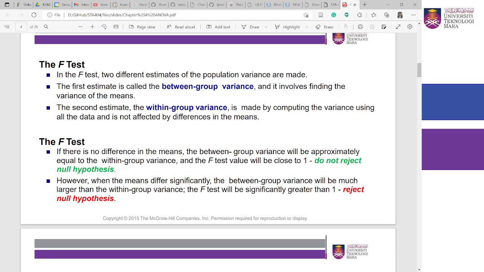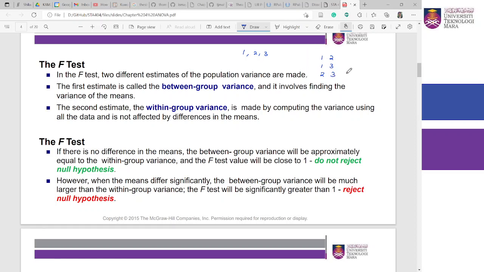Sebab kalau katakan kita ada 3 contohnya, suppose you have group 1, group 2 and group 3. So you can compare 1 and 2, or you can compare 1 and 3, or you can compare 2 and 3. So dia ada 3 comparison kat sini kan. You have to check whether 1 and 2 differ or not, 1 and 3 differ or not, and 2 and 3 differ or not.